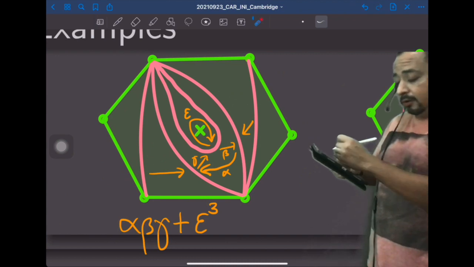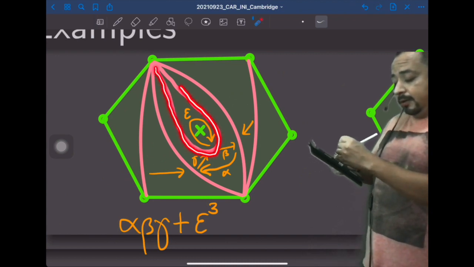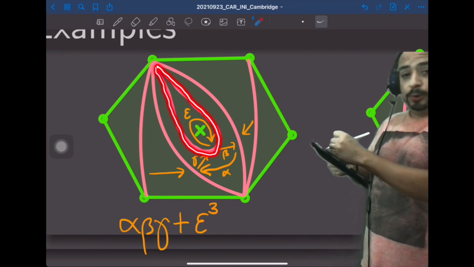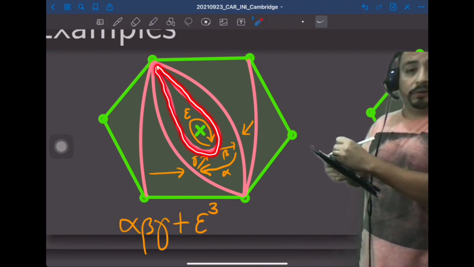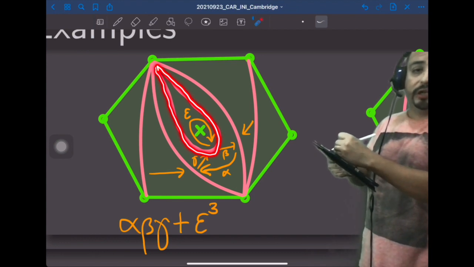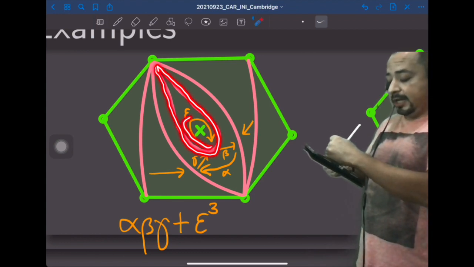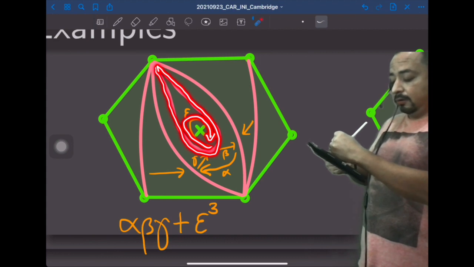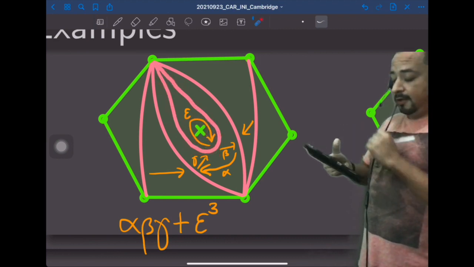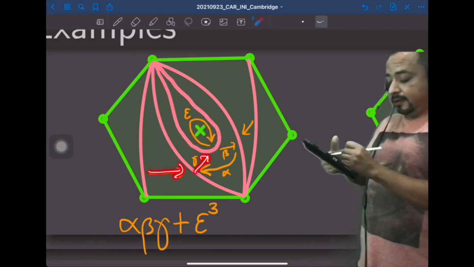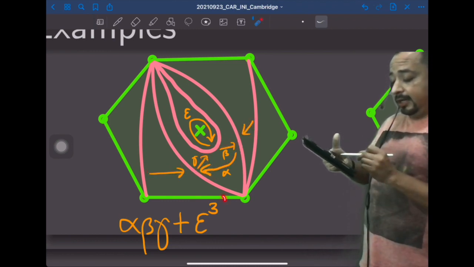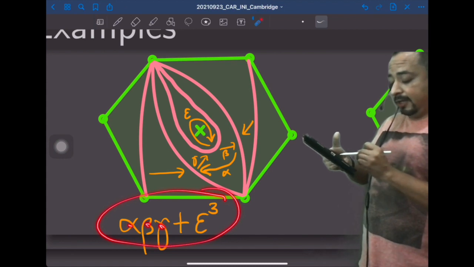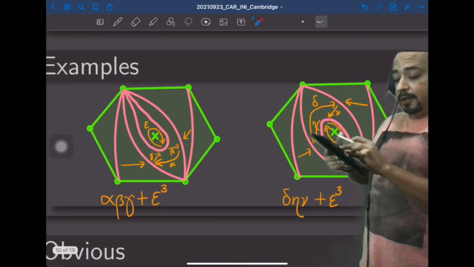Here I consider this arc as being adjacent to itself in the triangulation. I actually consider it to be a triangle, a degenerate one, but still a triangle. And this is why I draw this arrow in the clockwise fashion. And then the rest is what we are all used to doing. And here the potential is alpha beta gamma plus epsilon cubed, and similarly here.